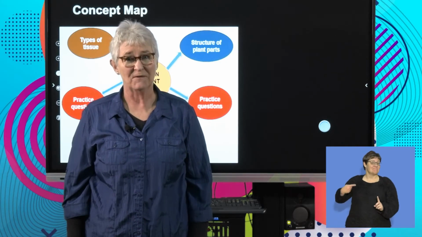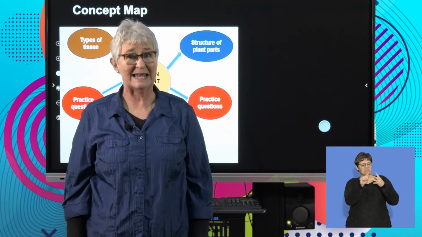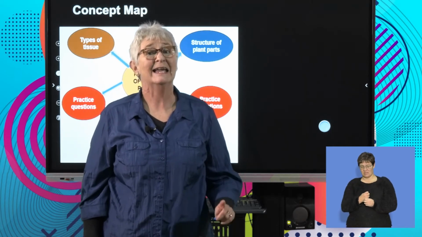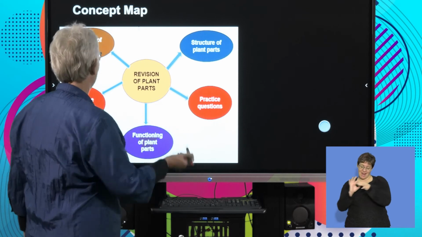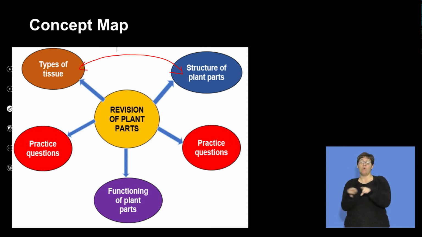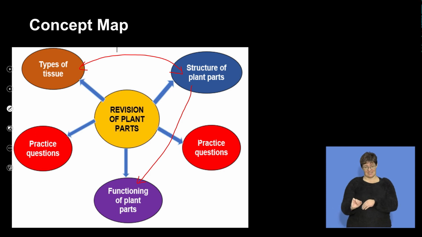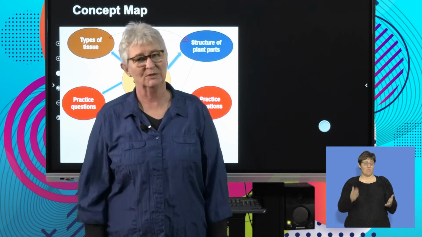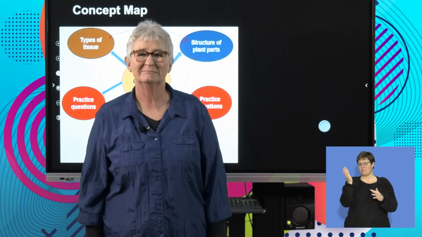What we've looked at so far is the types of questions that can be asked linking plant tissues to the structure of plants, and we've also looked at some practice questions. However, we will find that sometimes the structure of plants can also be linked to functioning, but that comes in the next part of the lesson. I'm sure your brains are bursting by now, so let's take a break.